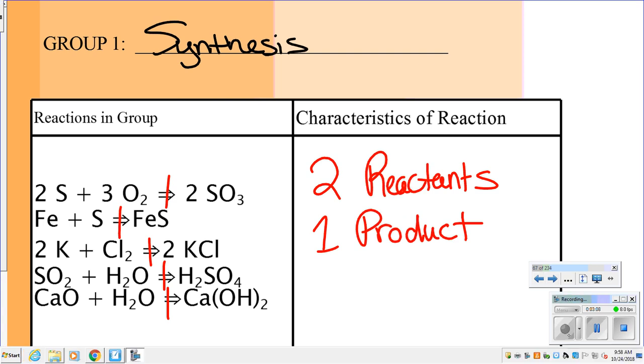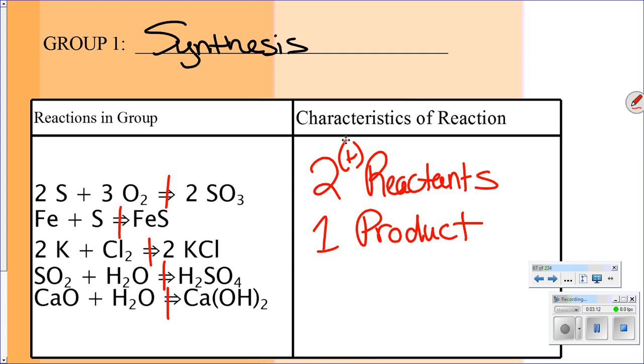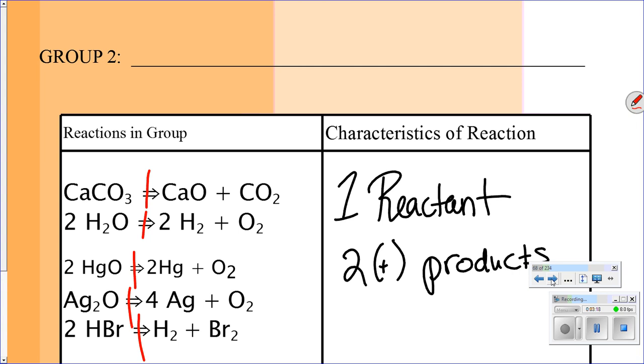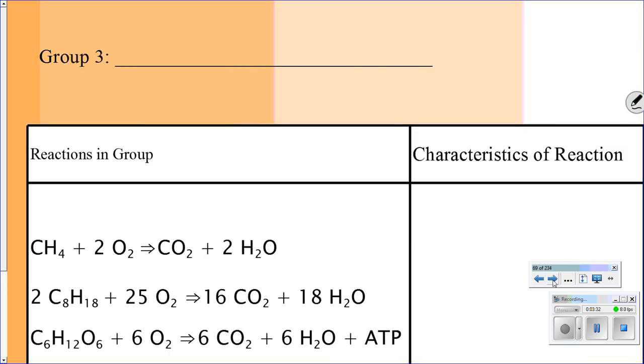We actually could have more than 2 reactants. The definition here means we really have to just have multiple things coming together to 1 product, whereas in a decomposition reaction, the opposite of this, we actually have definitely 1 reactant breaking down into multiple products, typically 2, sometimes more.